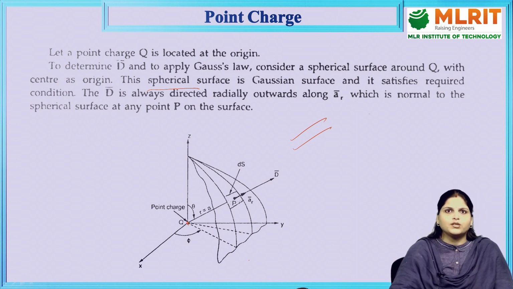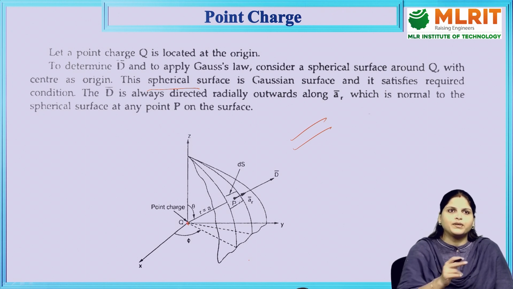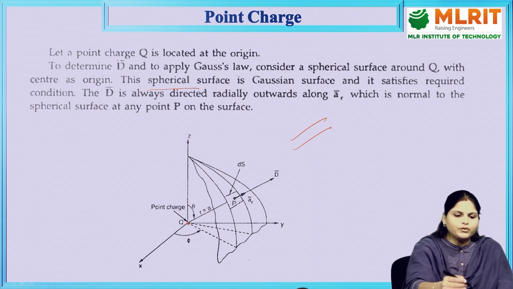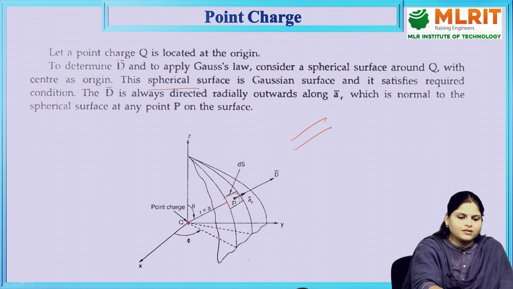This spherical surface is a Gaussian surface and it satisfies the two previously discussed required conditions.